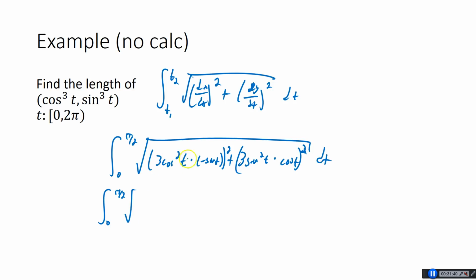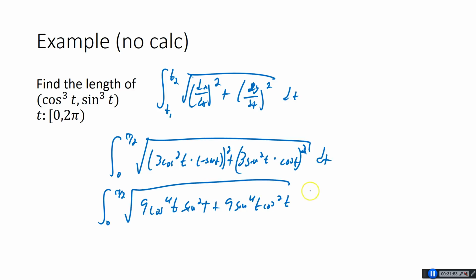So we have the square root of 9 cosine to the 4th t sine squared t, and the negative will disappear, and then plus 9 sine to the 4th t cosine squared t, dt. So now it looks like I can factor out a 9 cosine squared sine squared.